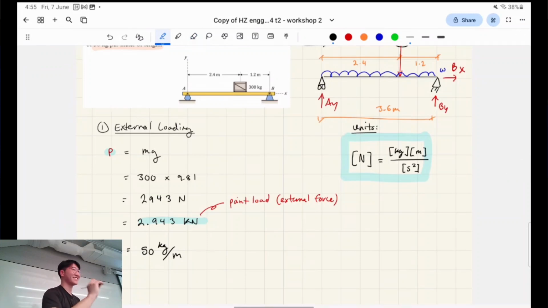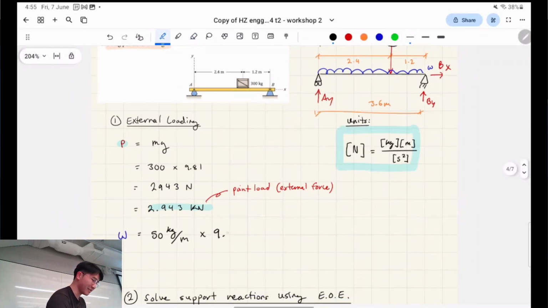Okay, wait, bear with me, guys. I haven't looked at these notes in a while. We're going to do the same thing. It's just mg, so we're going to times that number, 50 kilograms per meter, by 9.81 meters per second squared. That gives us 490.5 newtons per meter.